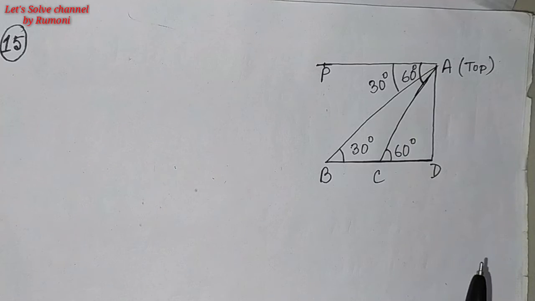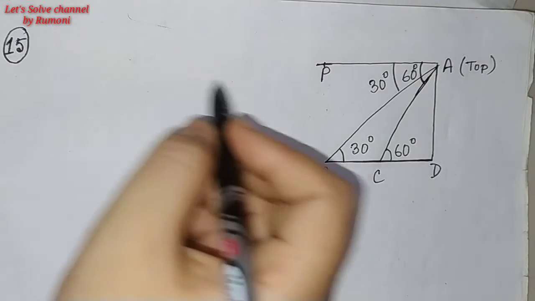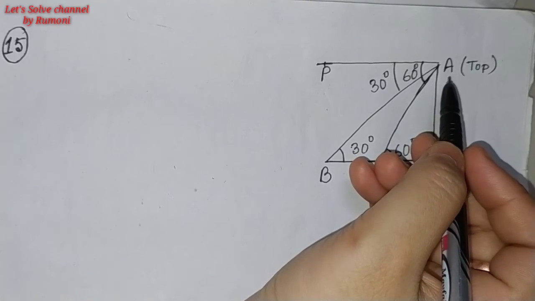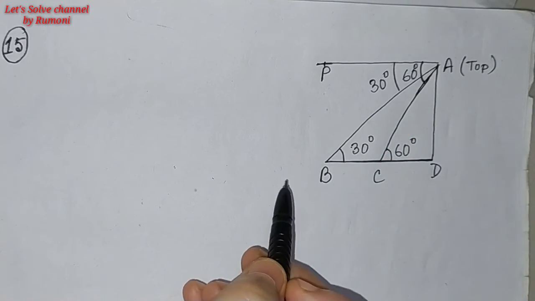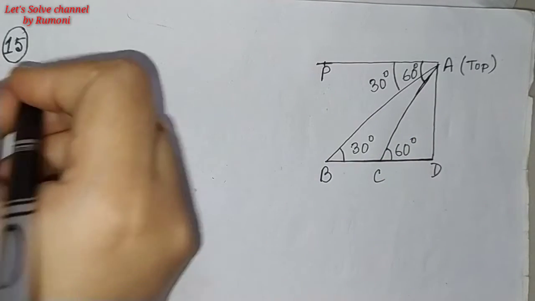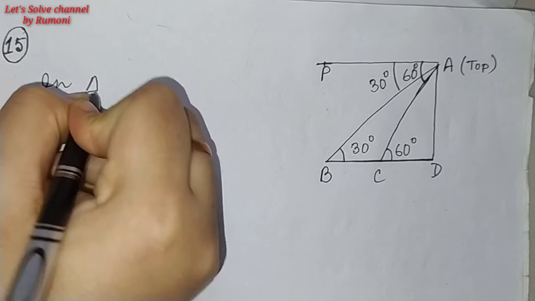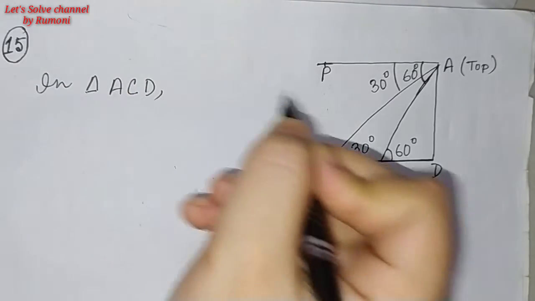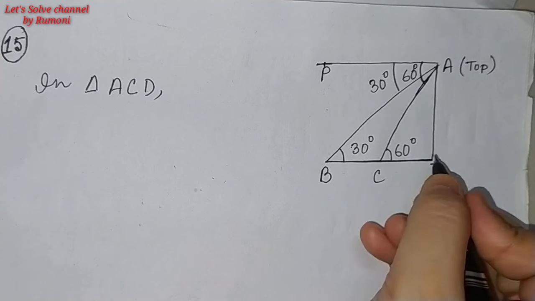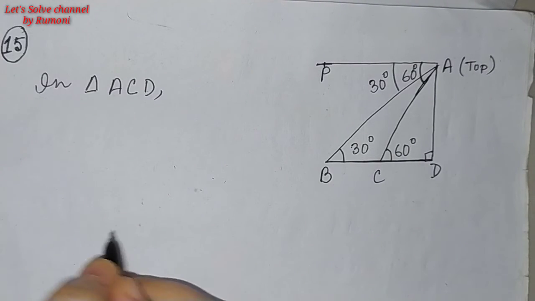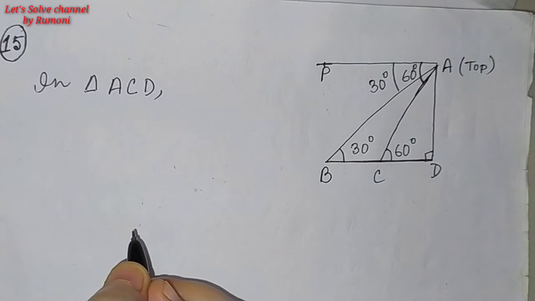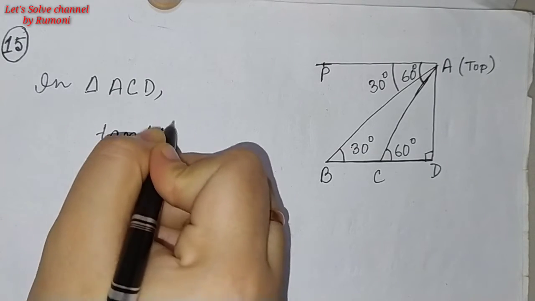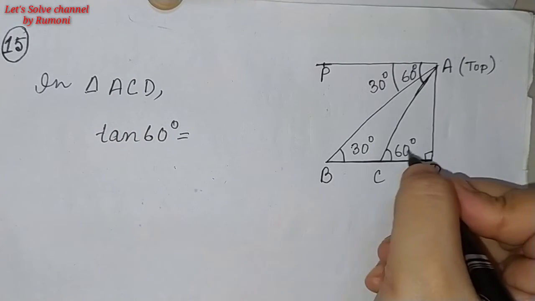Now students, you have to write at first, what is this point? This is the top of the tower, isn't it? You have to write all this, and after that you write down in triangle ACD. This is what? Right angle triangle, and here if you find out tan 60 degree. So tan 60 will be what?